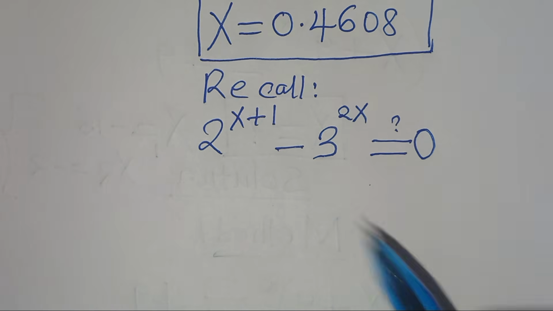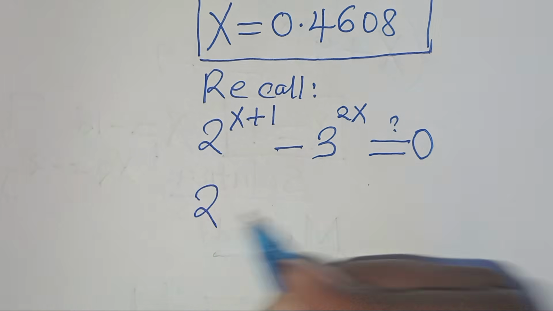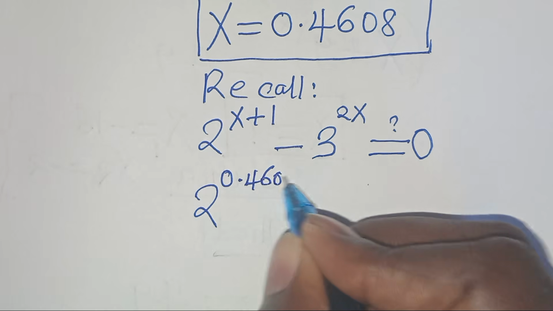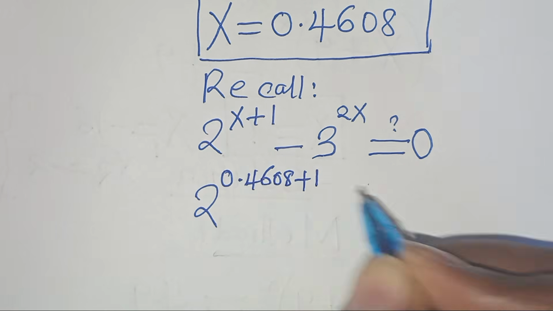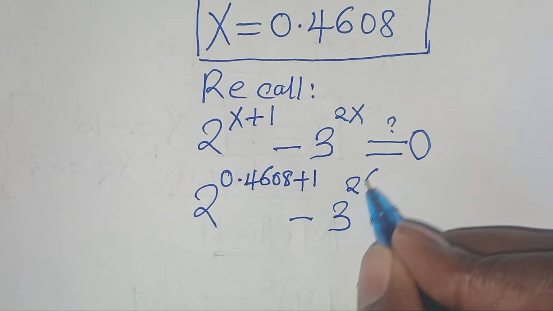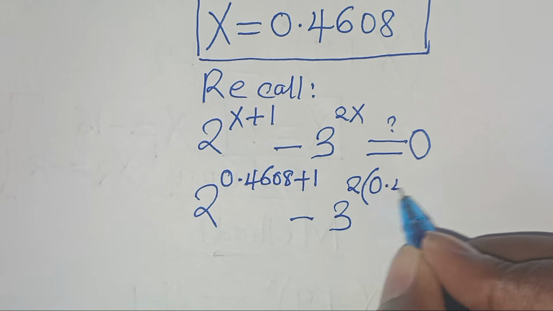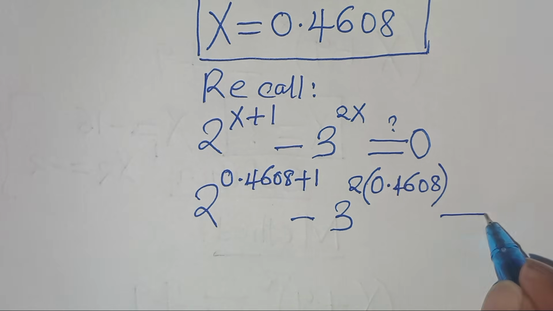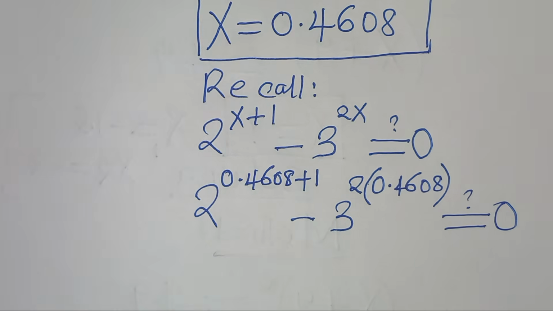So let's substitute the value of x here. So this is 2 raised to the power of 0.4608 plus 1 minus 3 raised to the power of 2 multiplied by 0.4608. This is supposed to give us a value of 0.